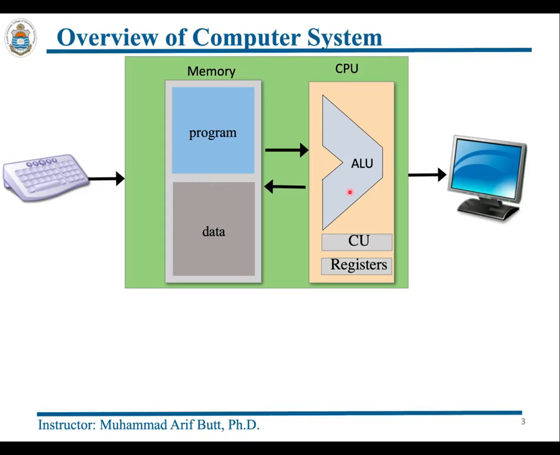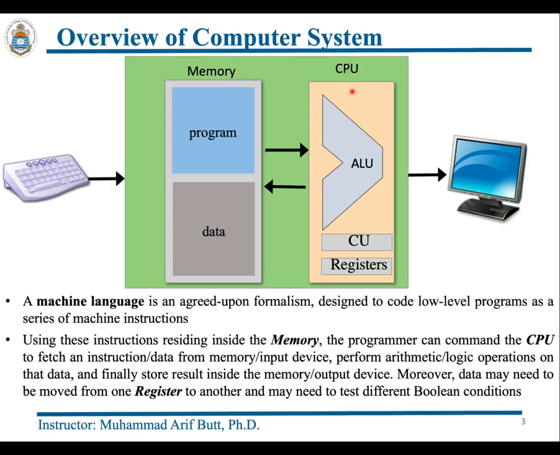And these instructions are of course machine instructions written in the processor's machine language. And remember, every processor has its own machine language. And a machine language is actually an agreed upon formalism designed to code low-level programs as a series of machine instructions.